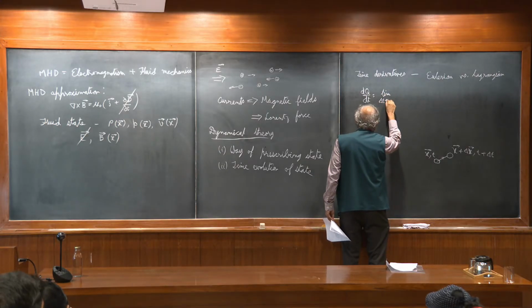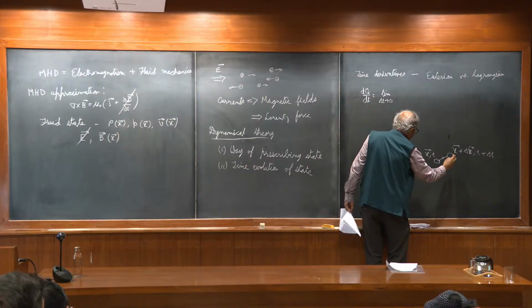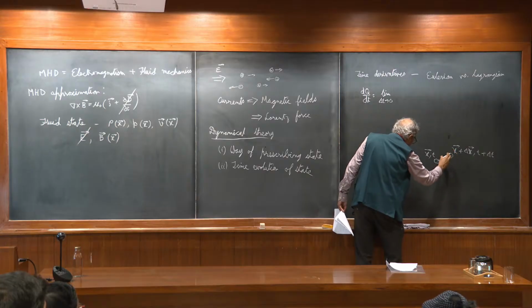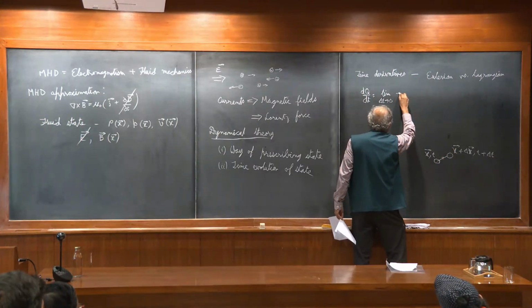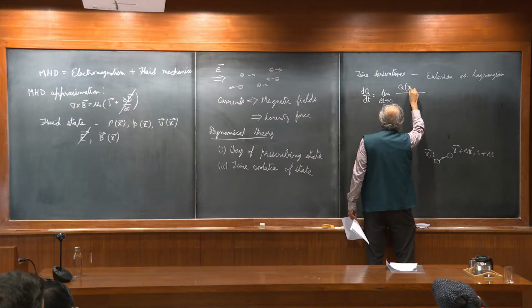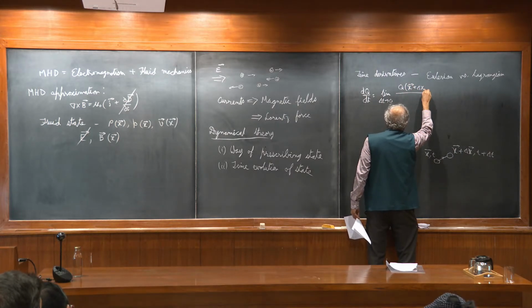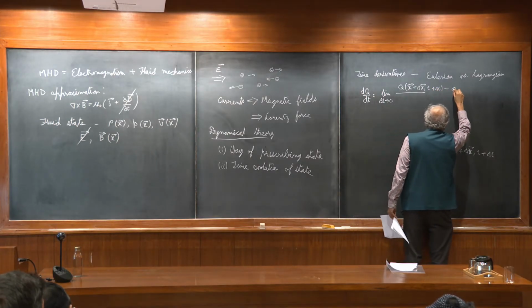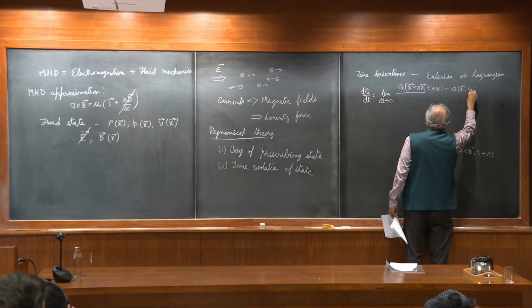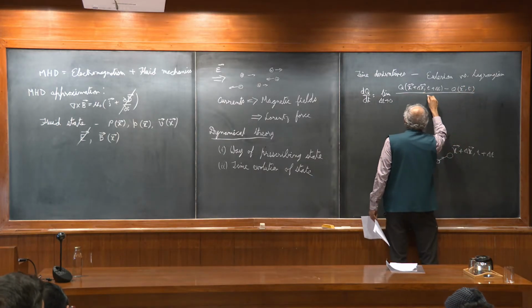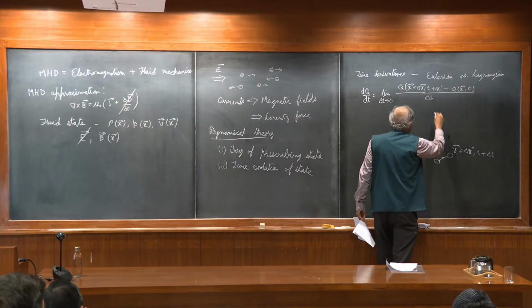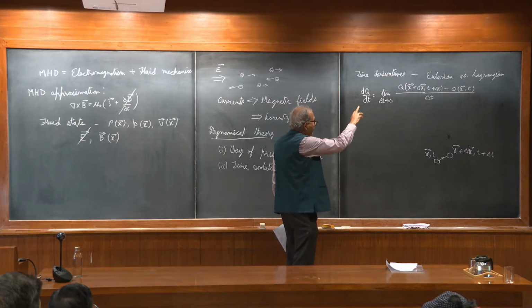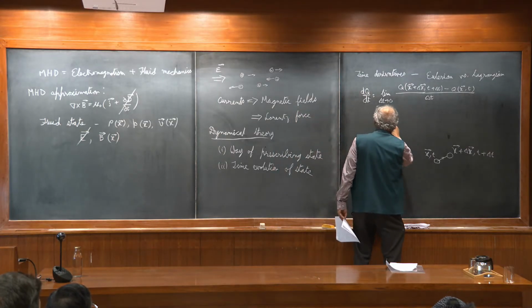With delta t going to 0, we take the difference of q for when the blob has come here and what q was before. So that will be q(x plus delta x, t plus delta t) minus q(x, t), divided by delta t. And you know how to proceed in such a situation. You make a Taylor expansion and keep only the first order term.